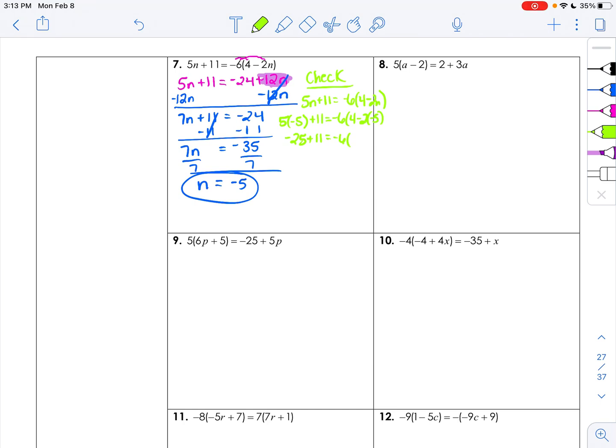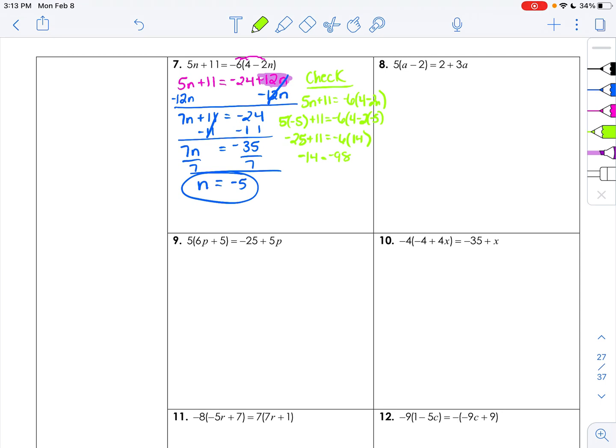Now in this parentheses, we're going to multiply negative 2 times negative 5 first. That's 10. And 4 plus 10 is 14. Then on the left side, negative 25 plus 11 is negative 14. Equals, then negative 6 times 14 is negative 98.